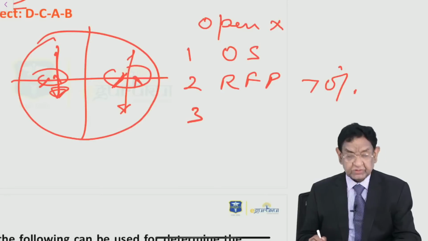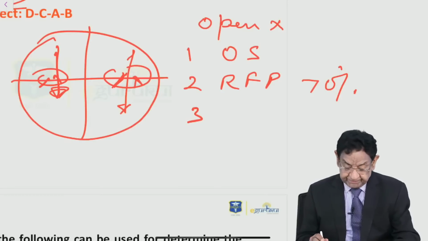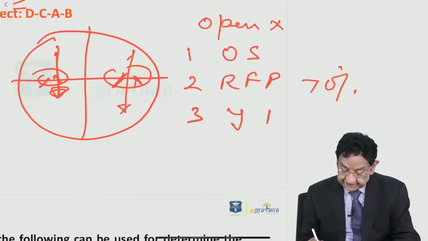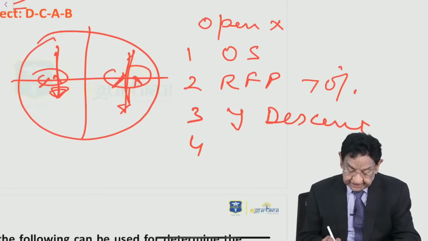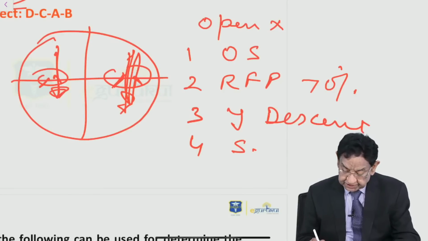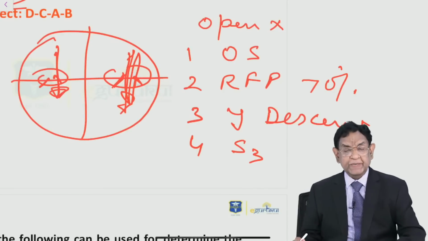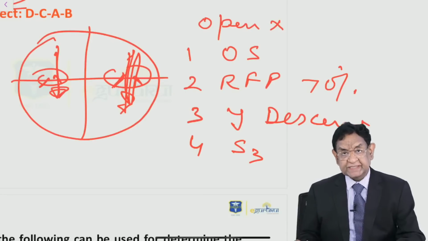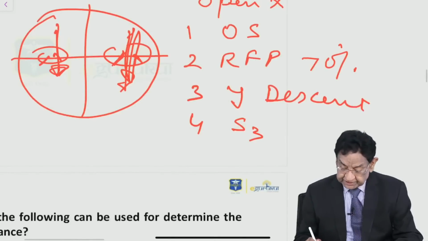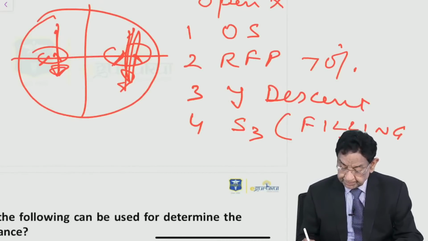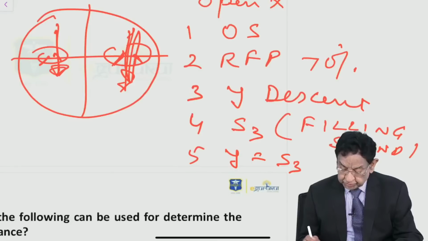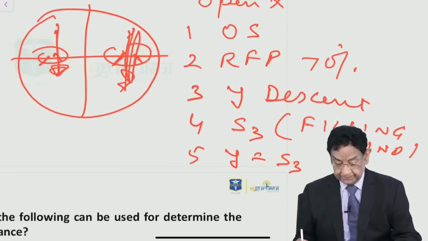Now, on the right side, in JVP, you get the Y descent. On the left side, you get the third sound. Normally it is not produced, but whenever it has to come, it is the third sound. That's why the third sound is also known as the filling sound. That's why the Y descent corresponds to the third sound. Both are produced in the early phase of diastole.